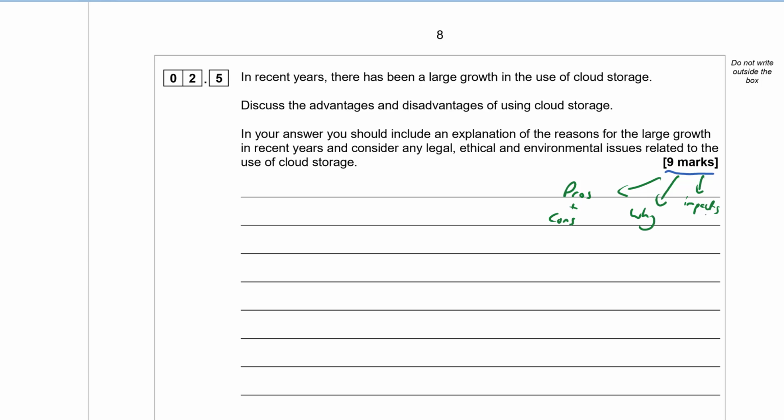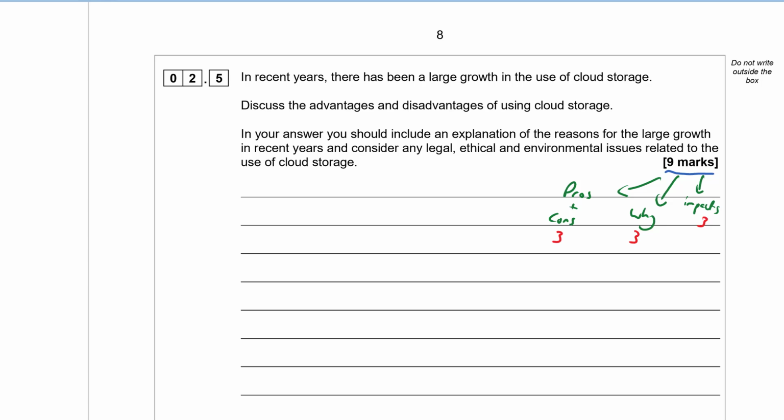So look, it's not as simple as just writing 9 points. But in my head, I'd be thinking, well, let's try and get roughly 3 marks for each of these parts to the answer. And thinking about the order here, how could you link this up?